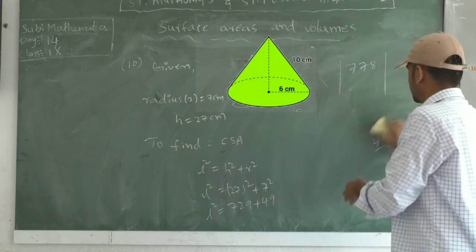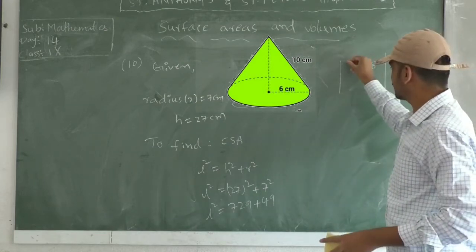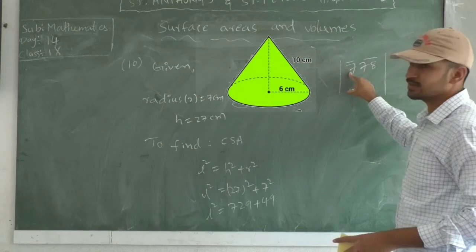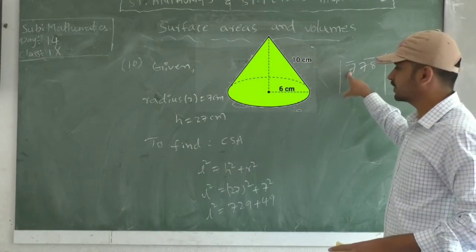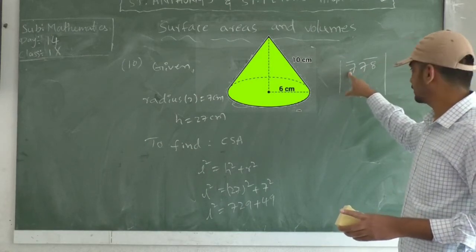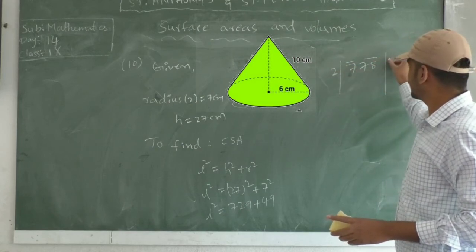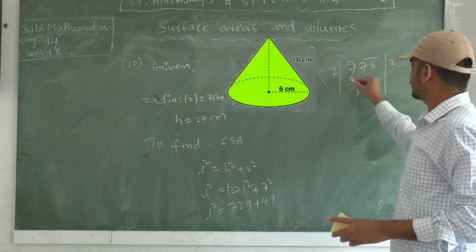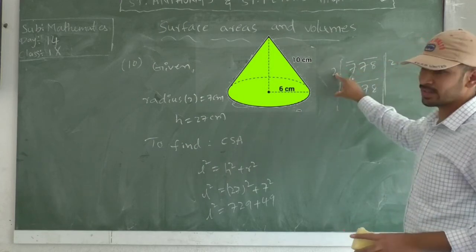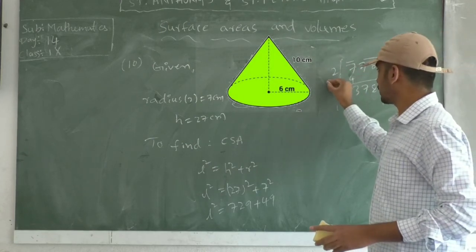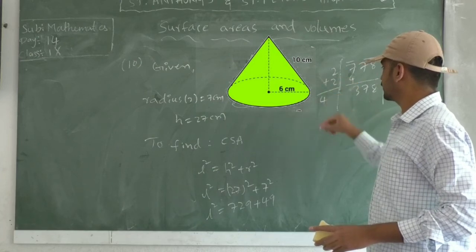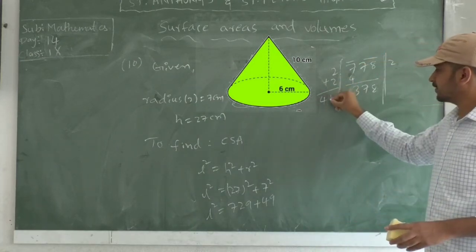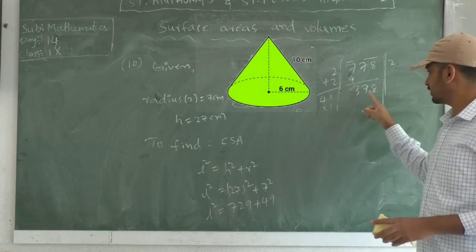So how to find the square root of 778? First, the nearest square number to 7 is 4, so we take 2. 2 into 2 is 4. Subtracting, we bring down 78. We add 2 plus 2, 4. If we take 1 here, 41 is very less.